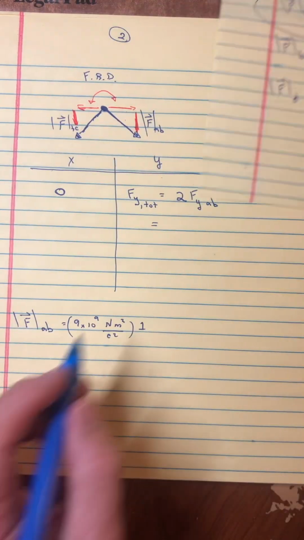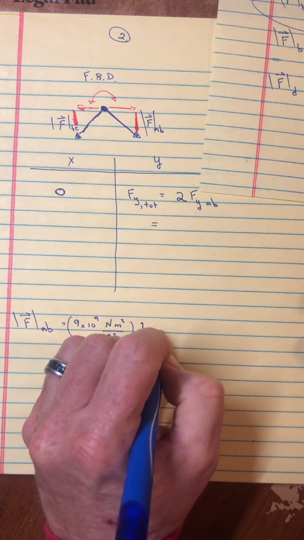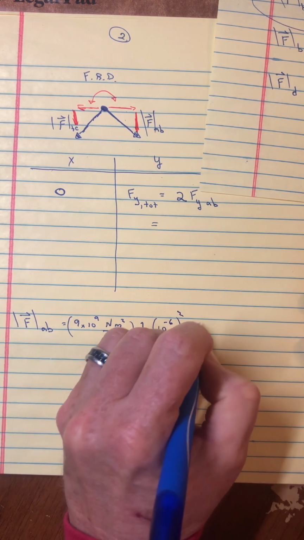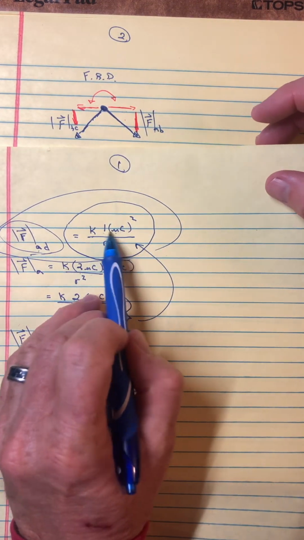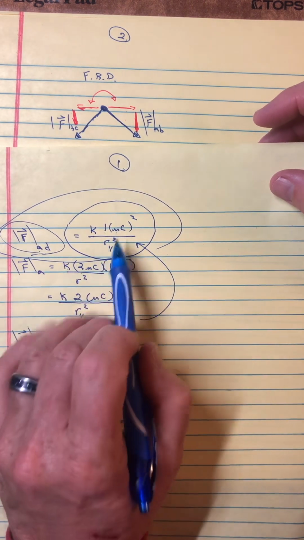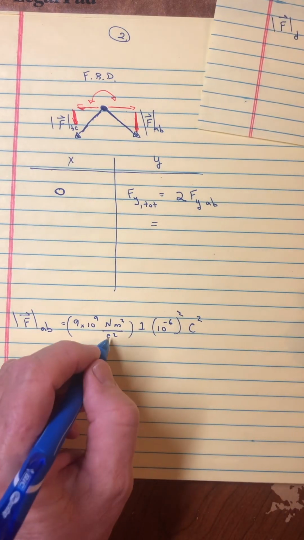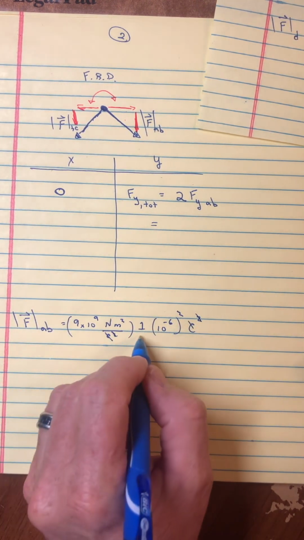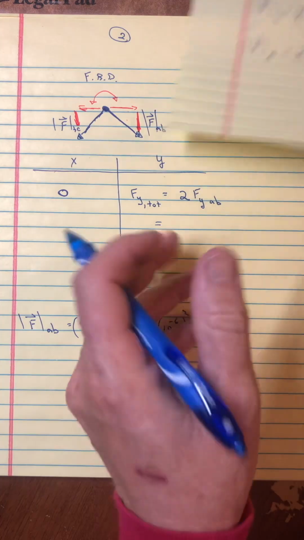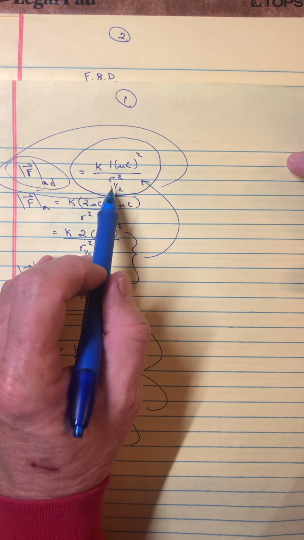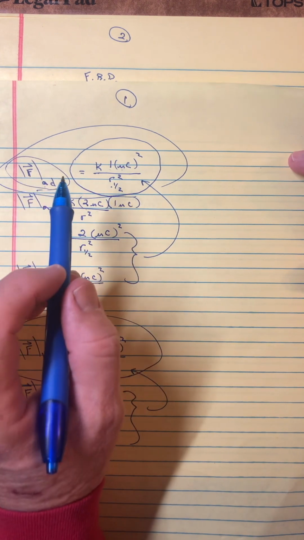We never did put in the micro, so this would be times 10 to the minus 6 squared coulombs squared. That's what's meant here by squaring the units microcoulombs. And then, of course, we do see that the coulomb squared is going to cancel off. That's good.